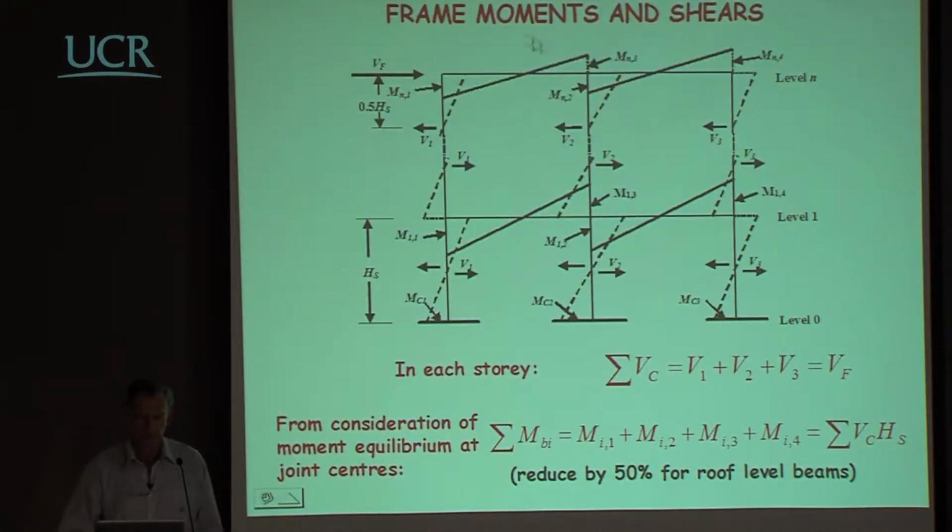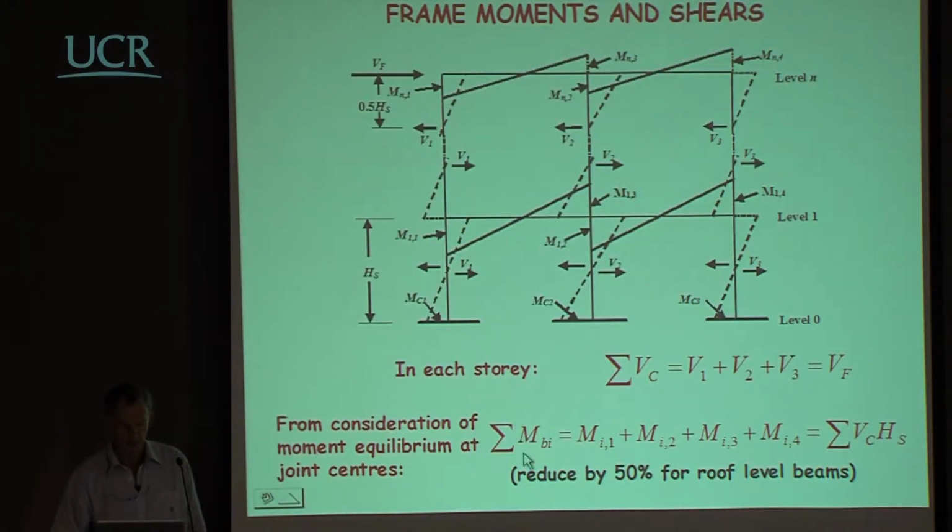Well, the frame moments, it's straightforward to do the analysis. If we have constant shear down the structure itself, what we know is that the moments in the beams will be equal at all levels except the roof, where there'll be 50% of these values here. The column moments will be constant at all locations, and at each location, what we can say is the total shear carried by the columns, of course, is the sum of these three shears here.